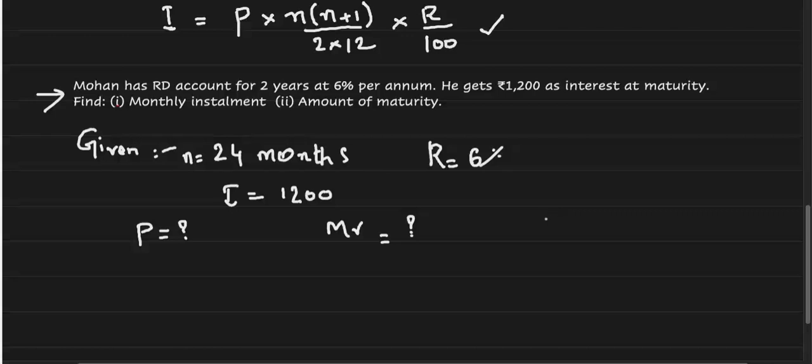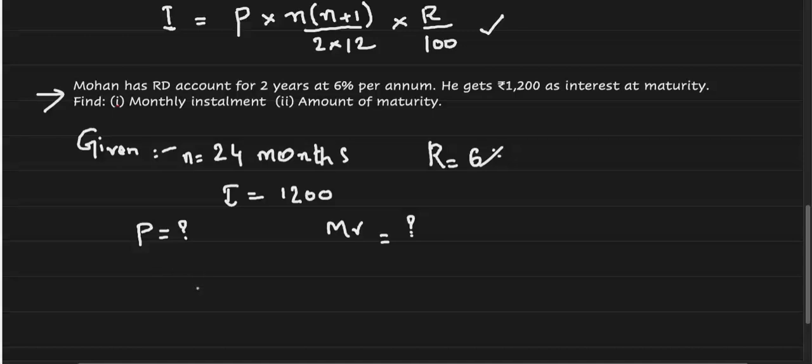Now, P is missing. So, we will use the formula in such a way and restructure it. Let's write P on one side and everything else on the other side. Or we can keep everything here, no need to modify the formula, just put whatever is given.